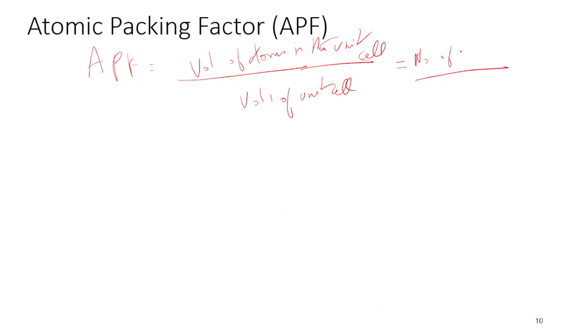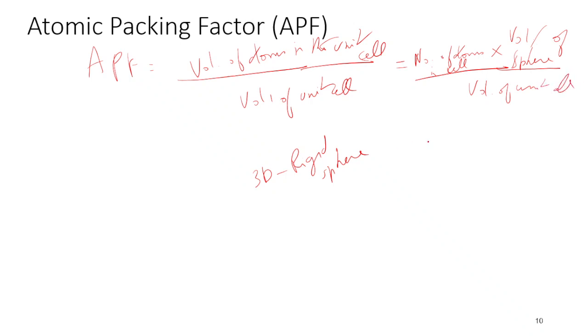It is the number of atoms in the unit cell times the volume of a sphere. Because in a 3D structure, we consider the atom a rigid sphere, is it not? So, the number of atoms in the unit cell times the volume of the rigid sphere, divided by the volume of the unit cell.